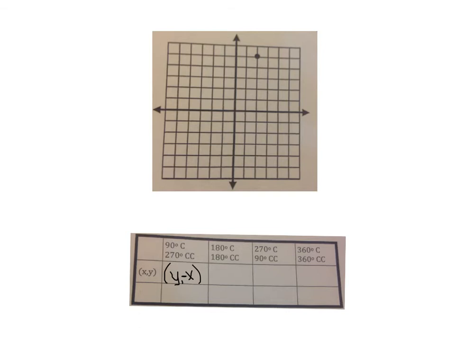So if you look at the grid up here, I have the point over 2, up 5. My first rotation is either 90 degrees clockwise or 270 degrees counterclockwise. So I'm going to flip the 2 points. So instead of 2, 5, it's going to be 5, 2. And the x is going to be the opposite.